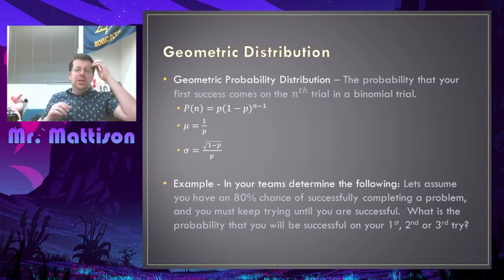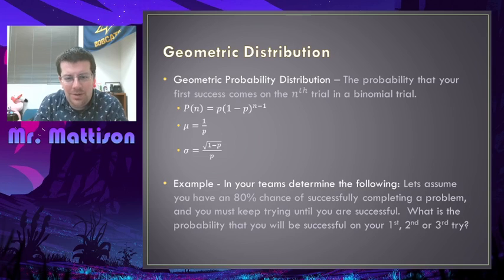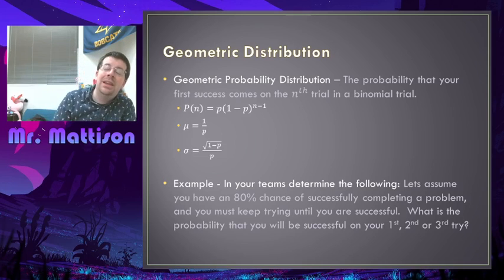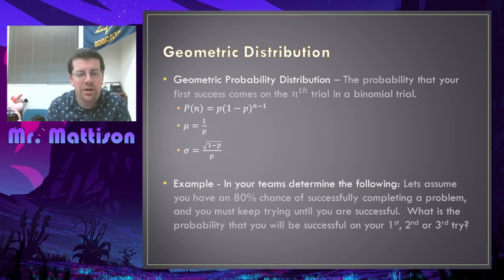All right, so let's go over this example. Let's assume that you have an 80% chance of being successful in completing a problem, and you want to keep trying until you are successful. What's the probability that you will be successful on your first, second, or third try?